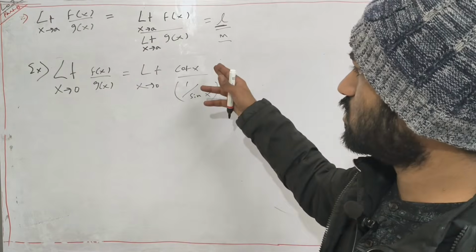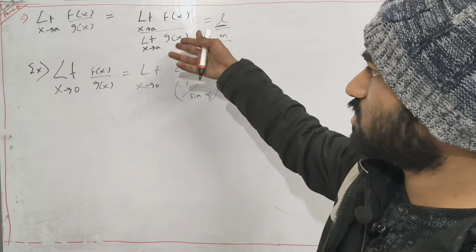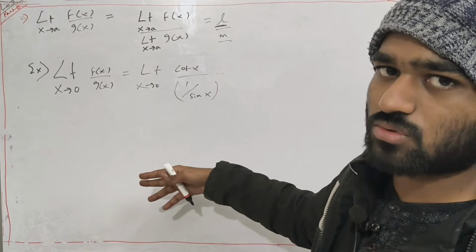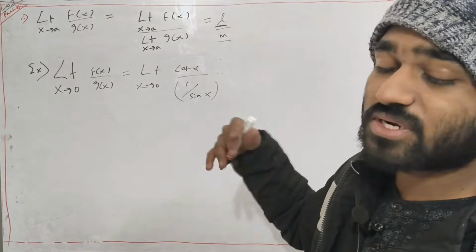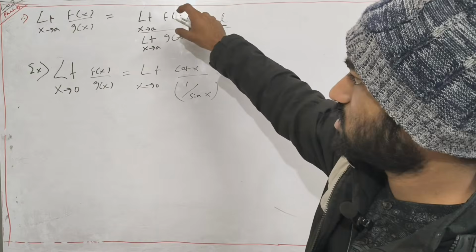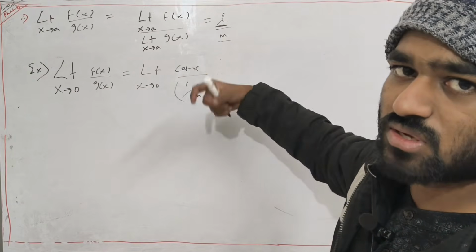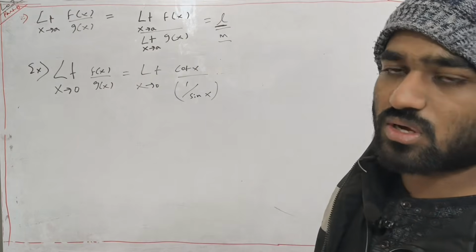Because the individual limits don't exist here, you can't separate into individual limits. Whenever individual limits don't exist, you should combine this whole function into a single function and apply the limit, okay.